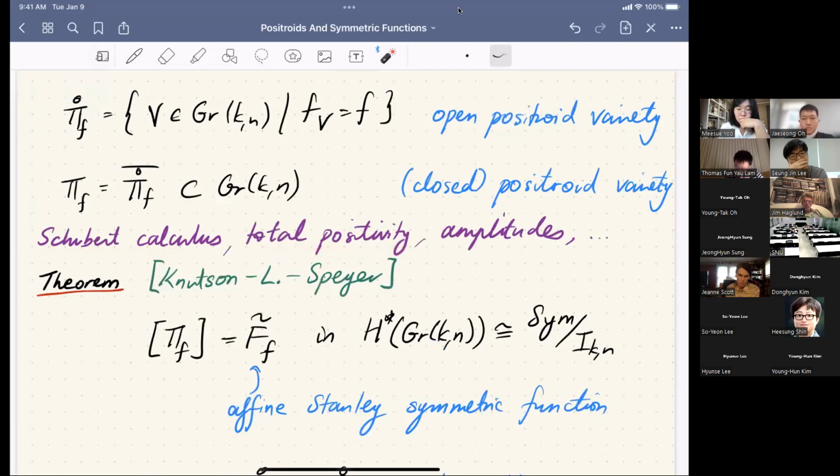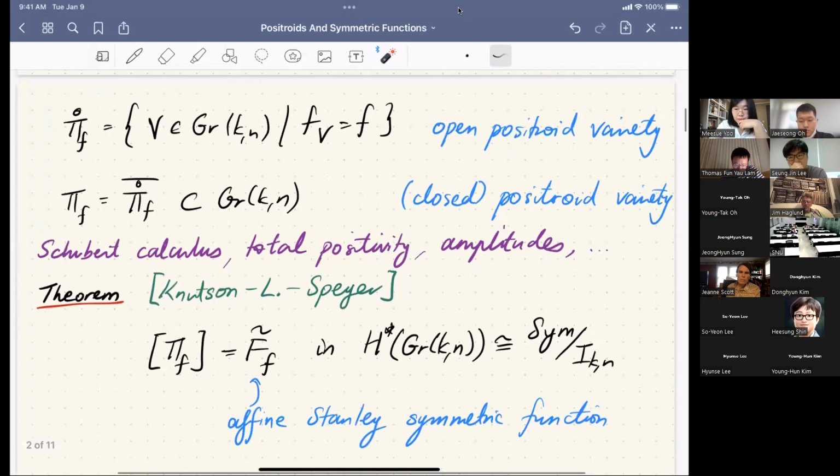And first, let me mention what this talk is not about, which is a theorem I proved with Knutson and Speyer, I think nearly 10 years ago. The cohomology ring of the Grassmannian is basically a quotient of the ring of symmetric functions, which quotient it is depends on k and n, so the size of the matrix that you're looking at.